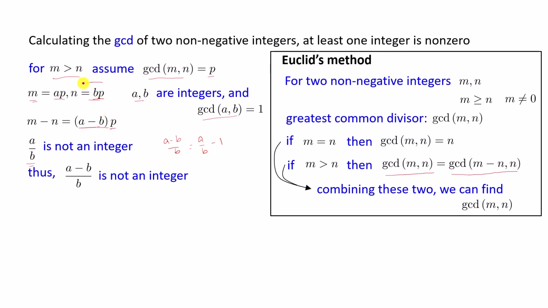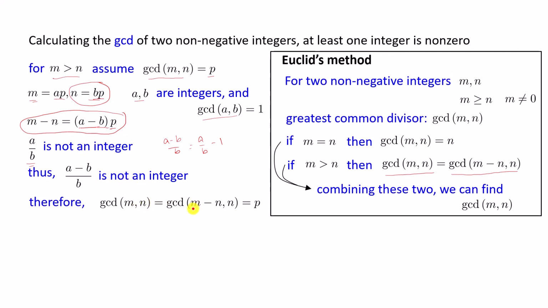Therefore, if I compare this n, that is bp, and m minus n, that is (a minus b) into p, then I can clearly see that between b and a minus b, there is no common part there. So GCD of b and a minus b, if I take, that must be equal to 1, which means that between m minus n and n, p is the common part.